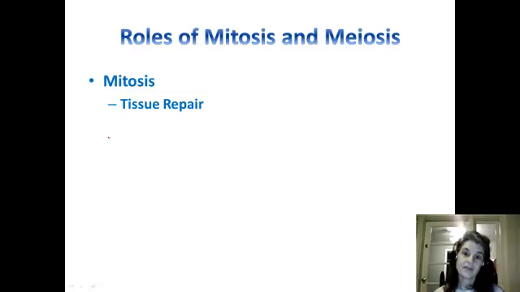Okay, so the roles that these processes play in living things are different as well. Mitosis is basically when we need to make exact copies of cells that we had, and we need to make more of them. So tissue repair: you injure your tissue, you want to replace it, you're going to do mitosis. Growth: you started as a single zygote and you became more cells until you became you.